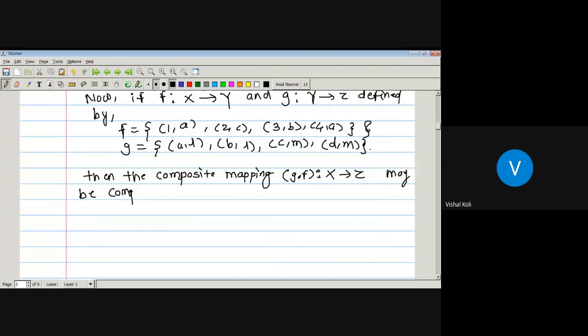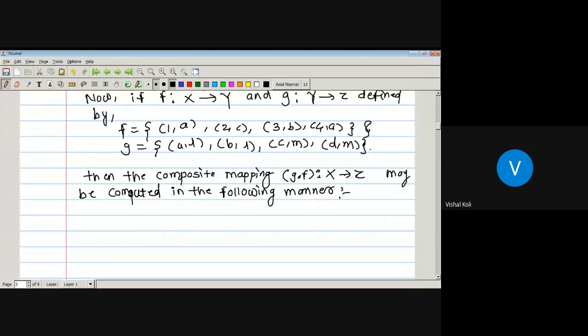Here we have two functions f and g, in which function f is defined from X to Y, function g is defined from Y to Z. Then we have defined a composition of the two mappings f and g, that is g composite f, which is a mapping from X to Z.